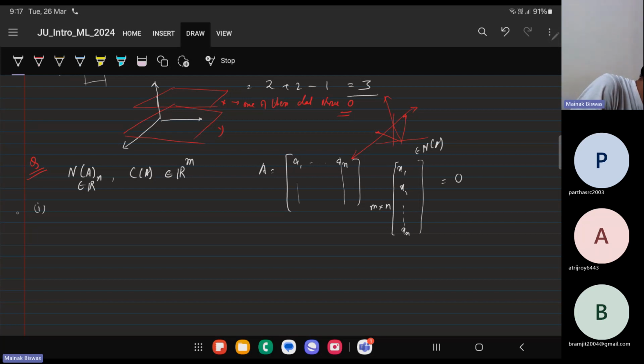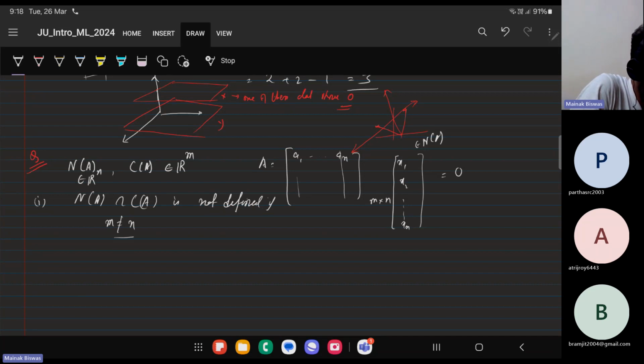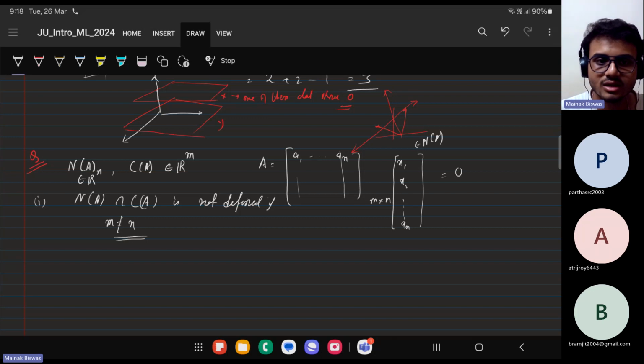See, the null space of A intersection column space of A is not defined if m is not equal to n, right? So they can never have common elements, right? Not even the zero vector. They are in different spaces altogether. Agreed? Yes. Dimensionality does not match. So they can never have common elements.